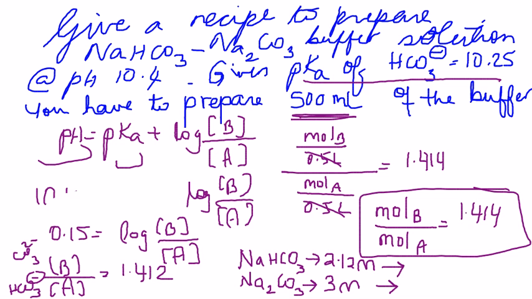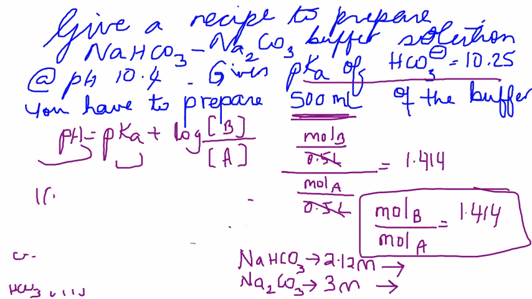Let me erase parts of this so I can make room for what I want to do. Suppose, and I want to switch colors to maybe pink, suppose I take X milliliters of the base. So X milliliters of base means X times 3 moles per liter, and this is X liters.